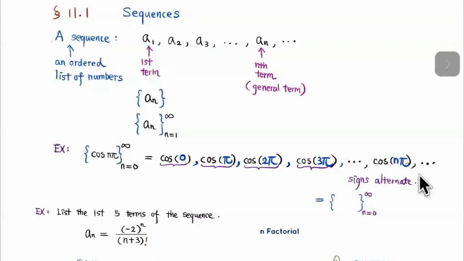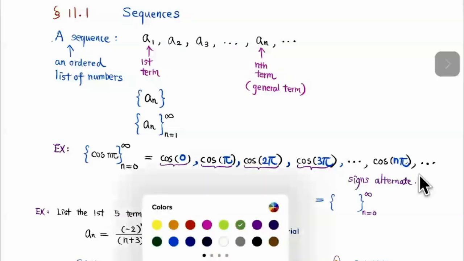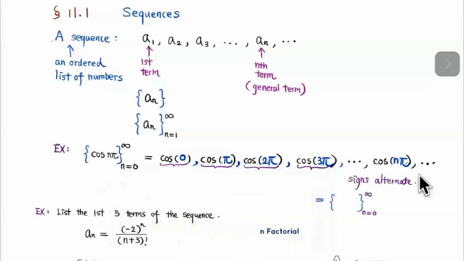Now, those are multiple parts, so let's try to evaluate each term. Cosine of 0 is equal to what? 1. Yes, you got it.